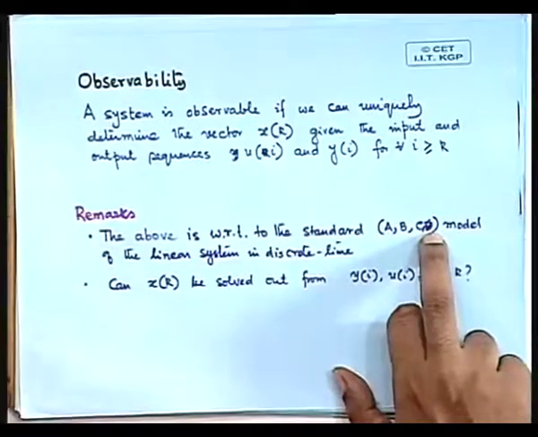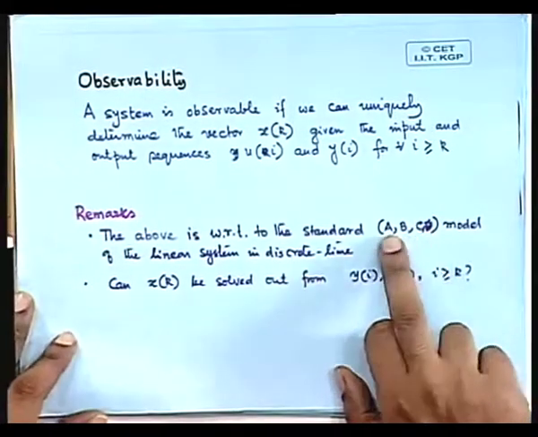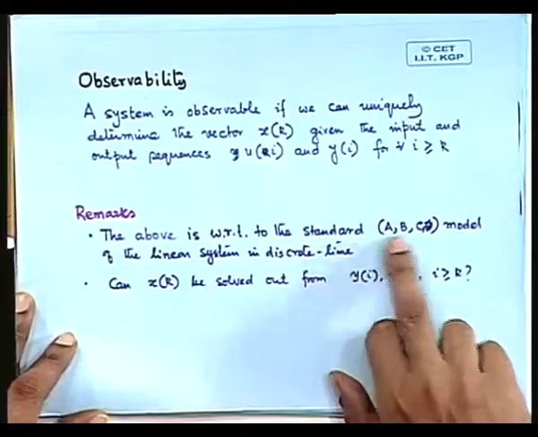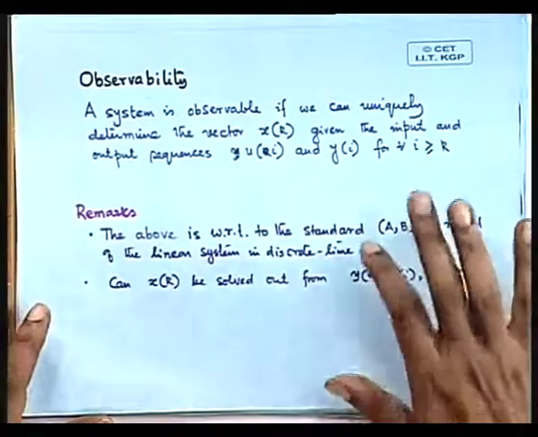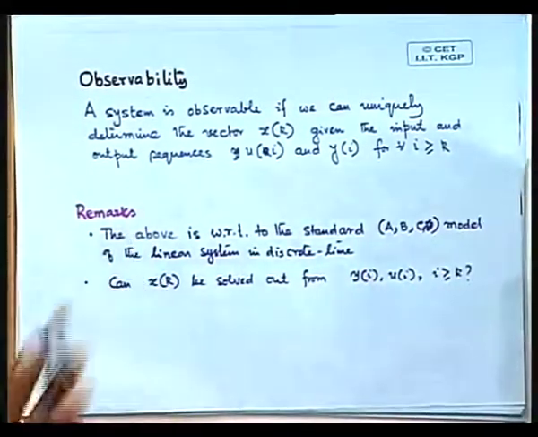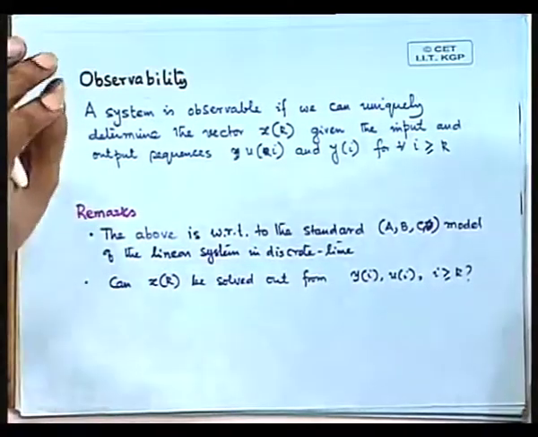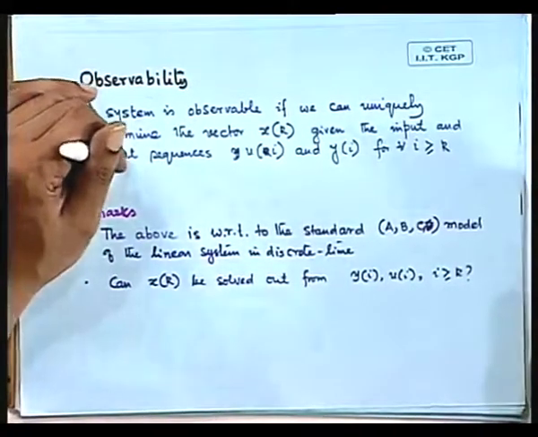I have cut this D, but you could put this D as well, it does not matter. So we will assume the standard ABC model of the linear system in discrete time. The basic question of observability is that if you are given uk, yk, uk plus 1, yk plus 1, etc., whether you can solve out xk. It is a question of solving from a set of linear equations. So basically it boils down to the solvability of a set of equations.